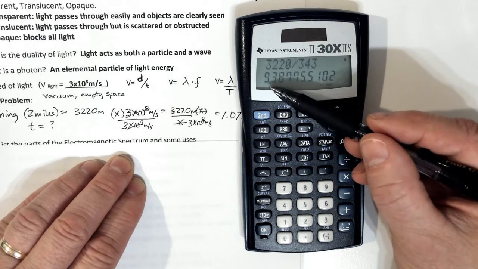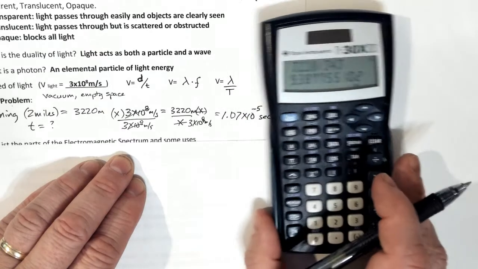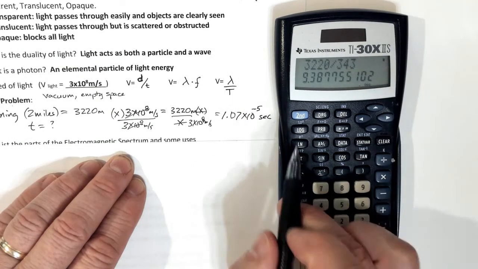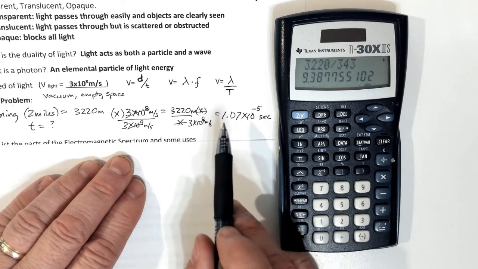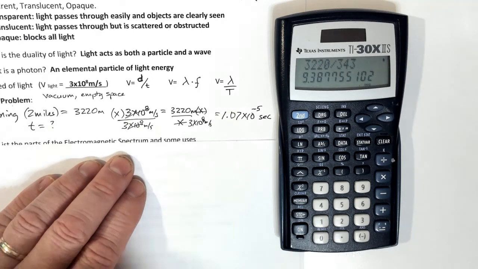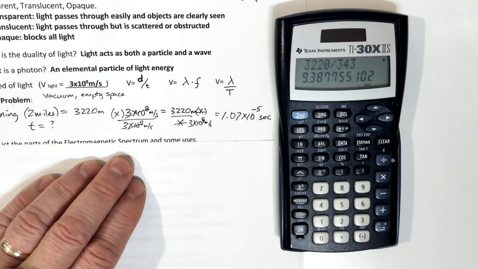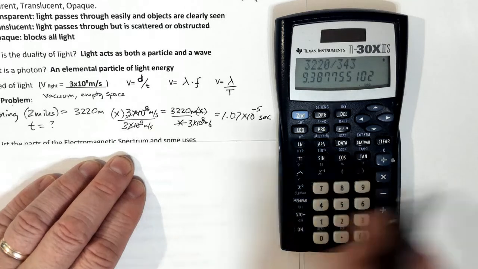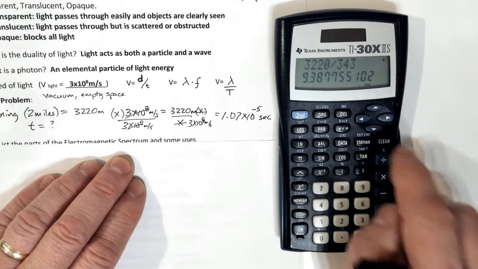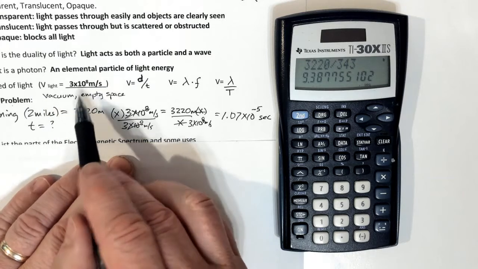So almost 9.5 seconds to reach you before you would even hear that thunder 2 miles away. But you would see it in less than a second, in a flash of time. So light travels much faster than sound. Okay? Just to give you an idea of how to use this speed of light.